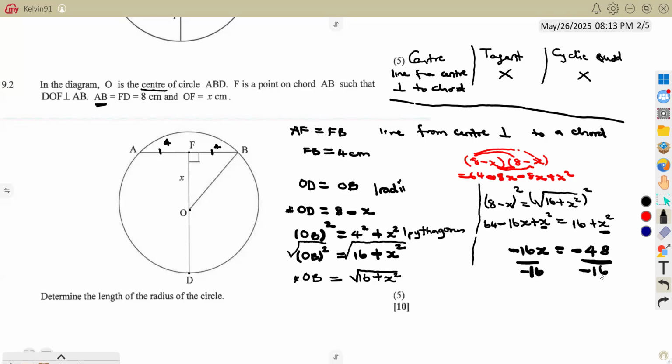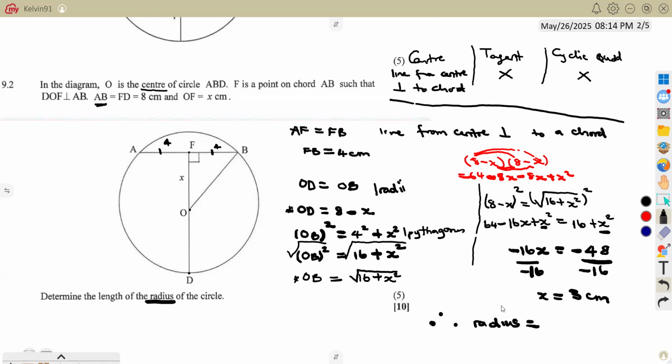It means x is going to be equal to 3 units, 3 centimeters. But the question wants the radius. So once you get the value of x, you can substitute it where we have OD.